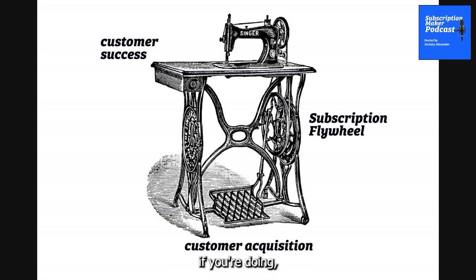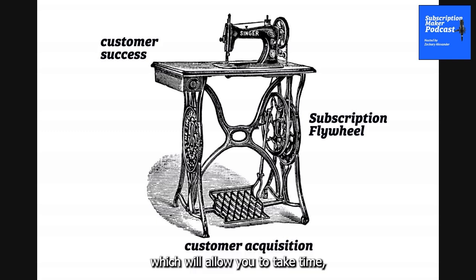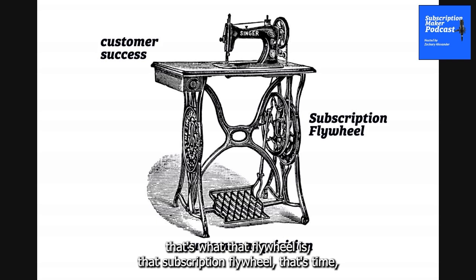If you can't take the time to perform other customer success functions, then it becomes overwhelming. If you haven't set up processes which will allow you to take time, which will allow you to leverage other assets, other digital assets that you may have available, that's what that flywheel is.